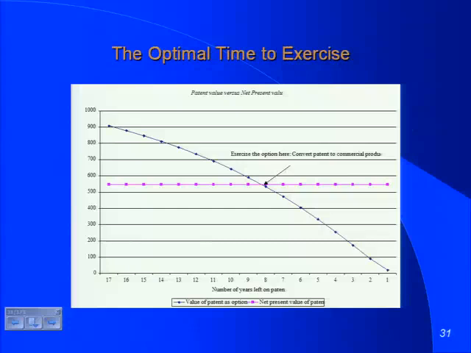If I go from 17, 16, 15, 14, the value of the option, because the cost of delay climbs, drops below the value of the exercise at t equal to 8. In other words, if I did nothing, if these numbers were right, Biogen would not develop Avonex till 8.5 years from now.